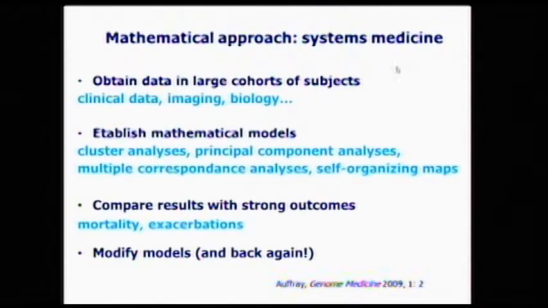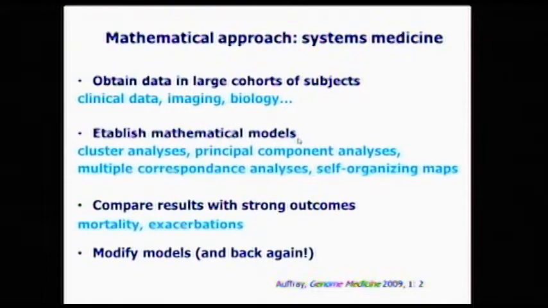So basically, all this comes back to what Pascal already showed you as systems medicine. What it is: you obtain data in a large cohort of subjects, any data, whatever you want. Clinical data, imaging, biological biomarkers, and then you establish mathematical models.